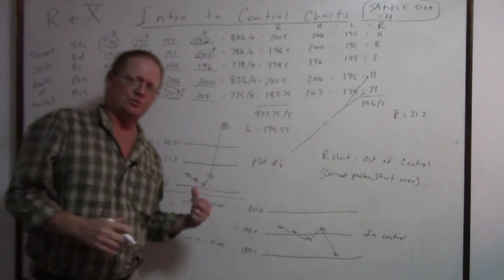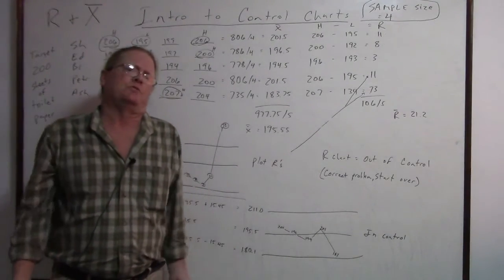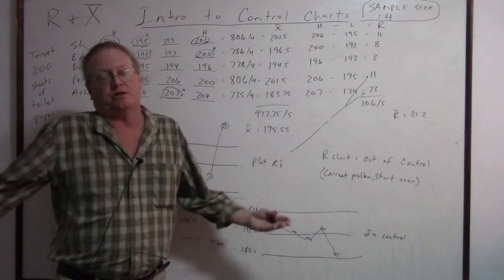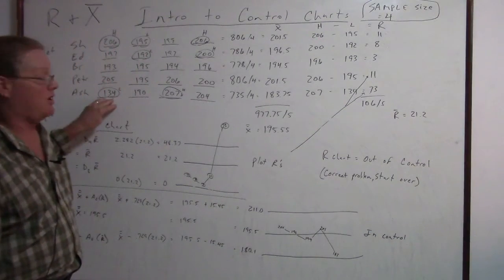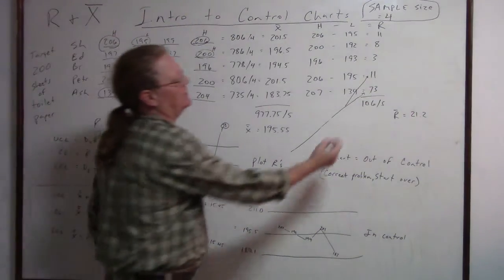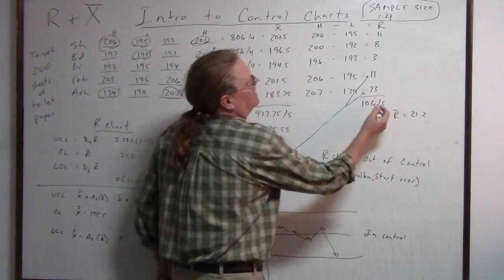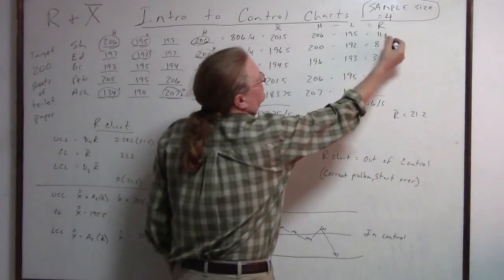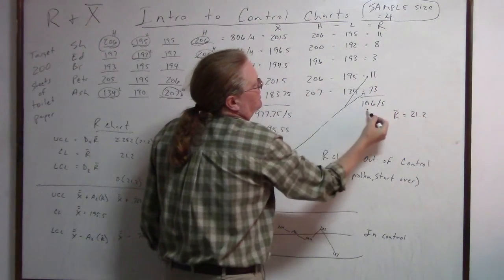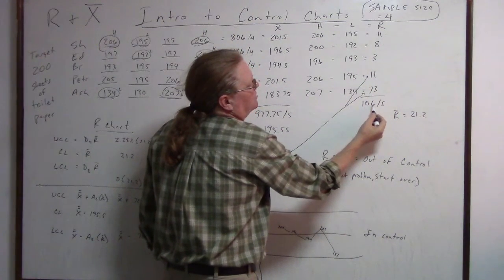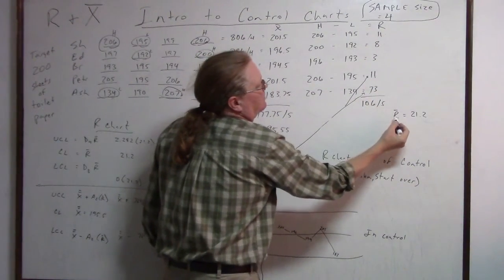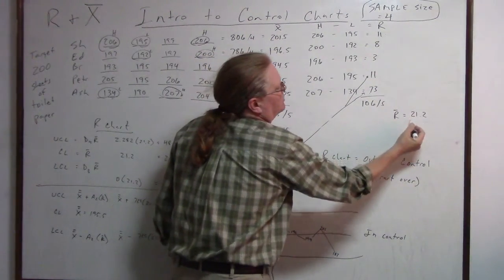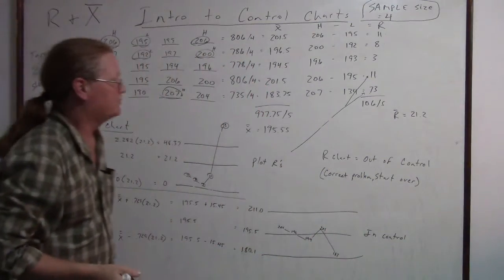I wrote some of you back, said check your numbers, and they went back and checked their numbers, and they were the same. So automatically, a range of 73. So we add these up, 1, 2, 3, 4, 5. We get a total of 106 divided by 5, because there's 5, and we get an R bar of 21.2.